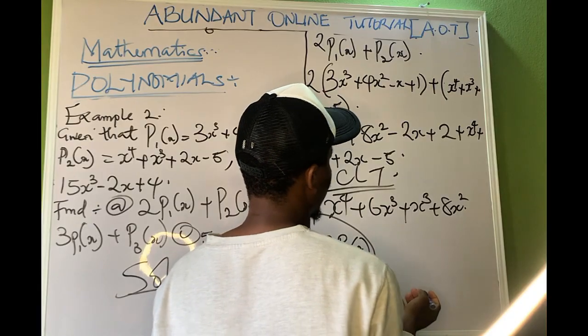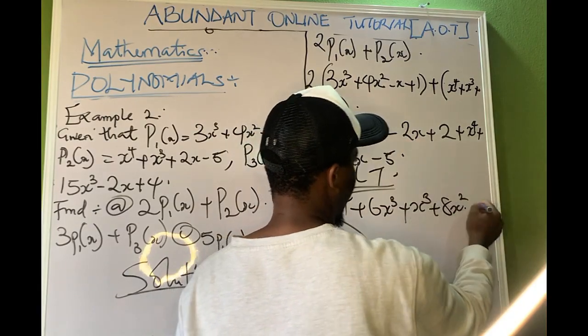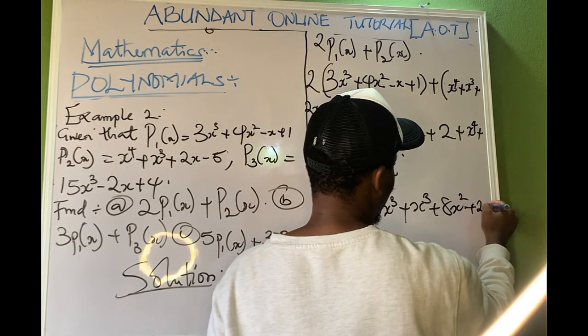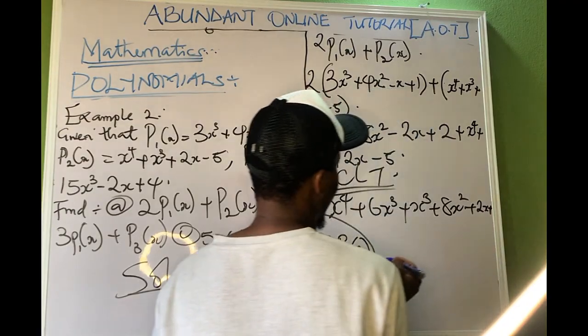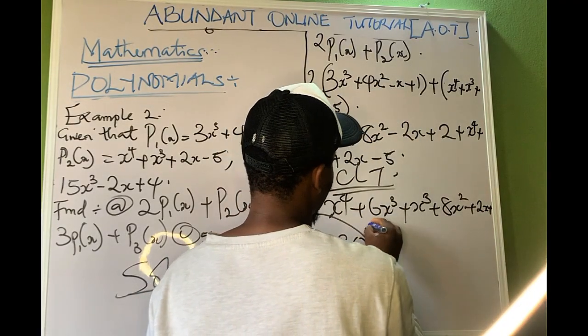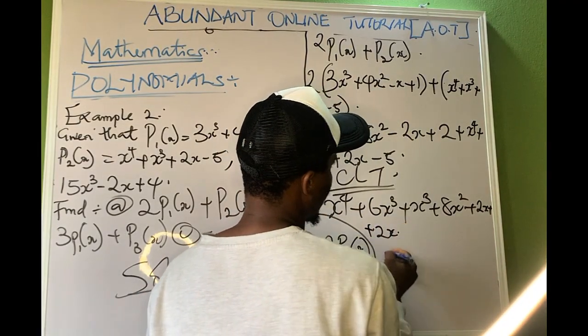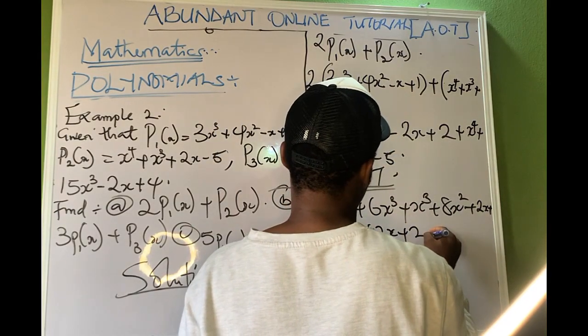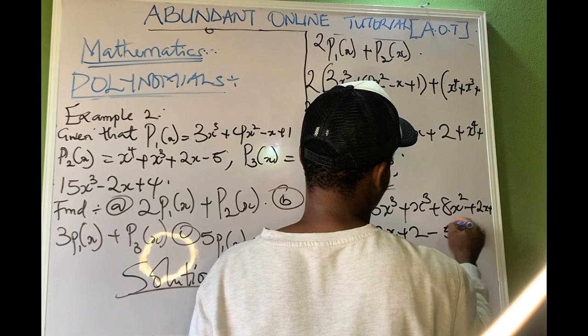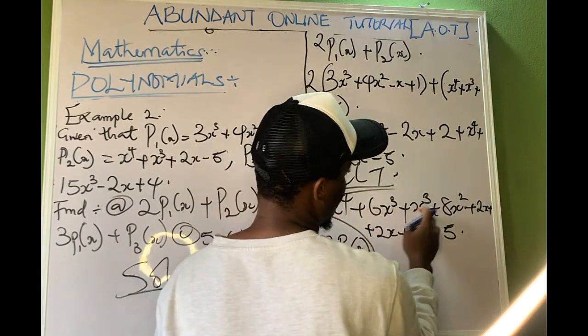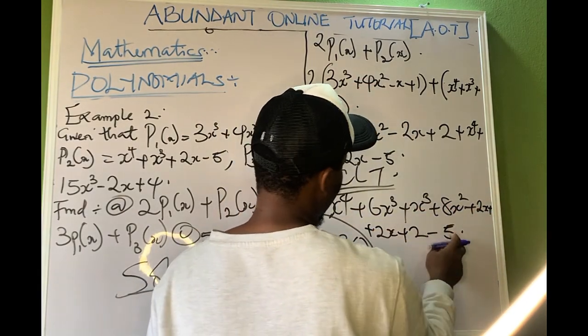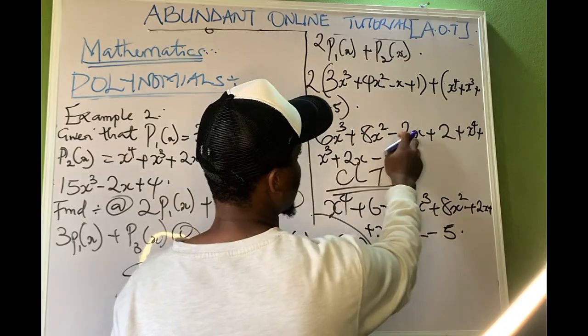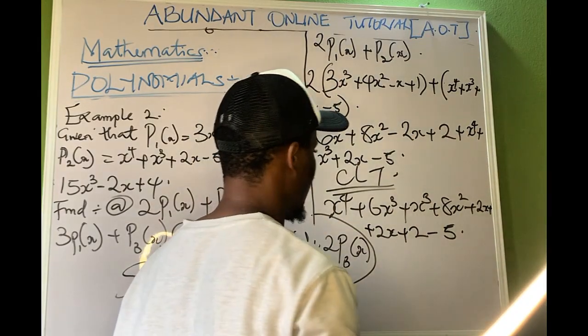So the next thing I have is minus 2x plus 2x, another 2x. After that we have my constants: 2, and I have minus 5 plus 2. So let's count: 1, 2, 3, 4, 5, 6, 7, 8. That means it's complete.